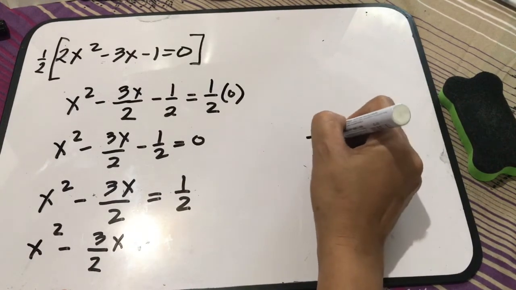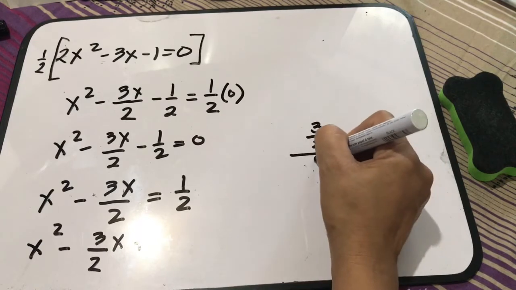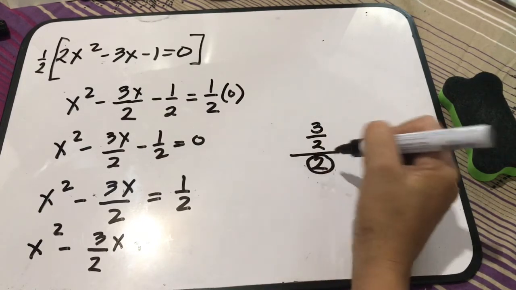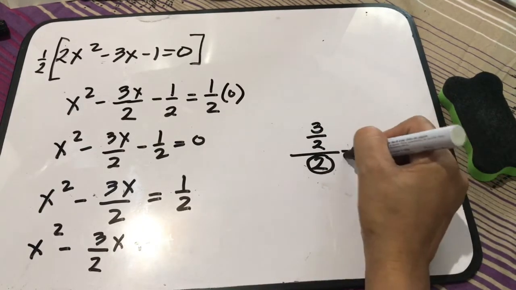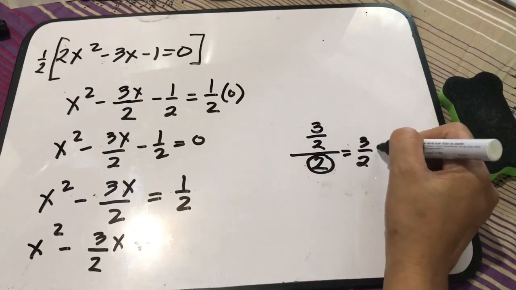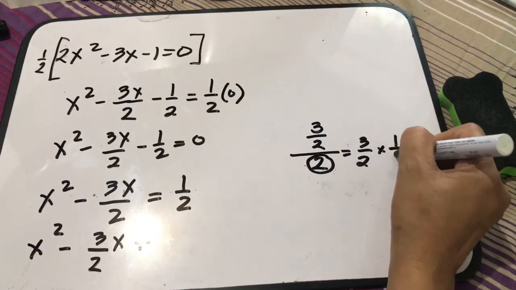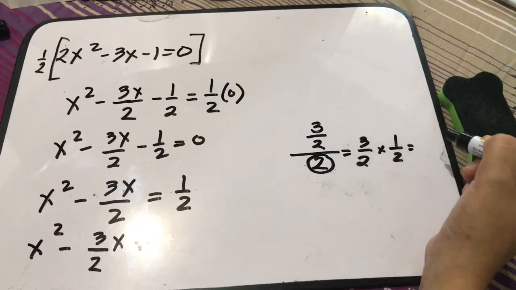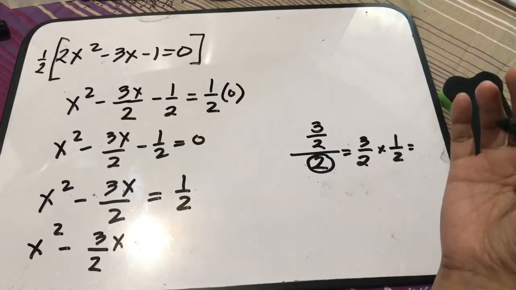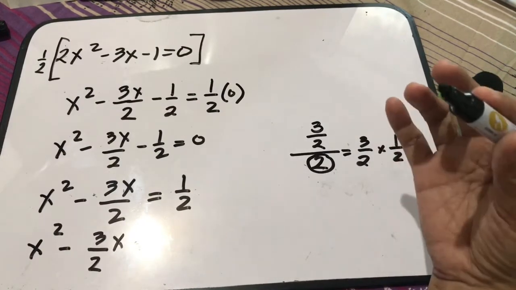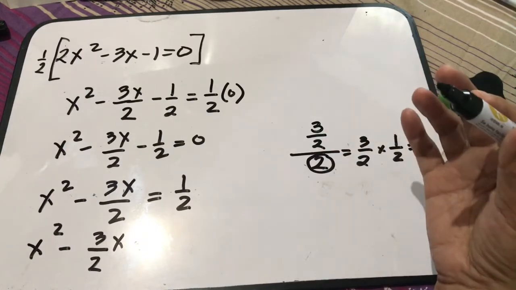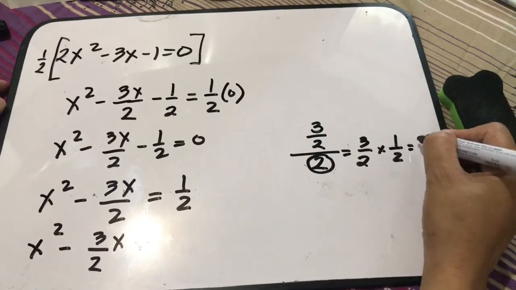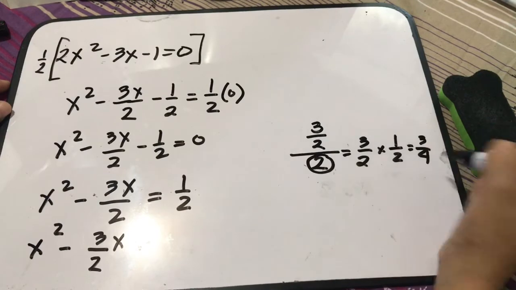We divide it by 2. Again, dividing by 2 is the same as multiplying by 1/2, so this will give you 3 over 2 times 1/2. Remember the process of dividing fractions. So this is 3 over 4.